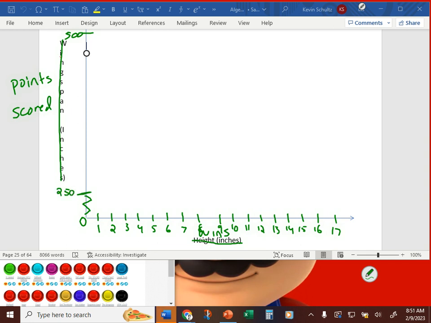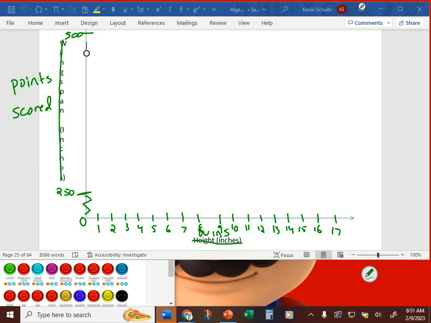Otherwise, you're going to have this big empty space, and then all of our values will be more scrunched up. Because if we don't start 250 until like right here, all of our values are going to be scrunched in the top half. Whereas with that little lightning bolt, we're saying there's nothing in the hundreds, nothing to worry about here. It's going to allow us to spread our data out more. And the more spread out data is, the easier it is to read.